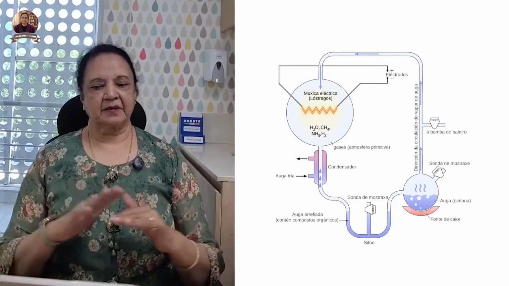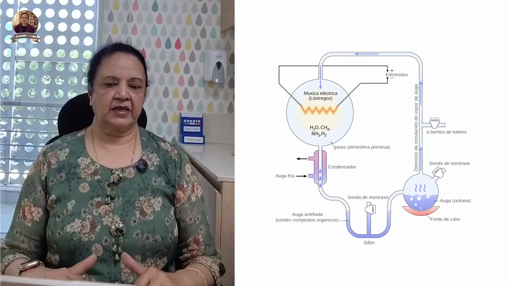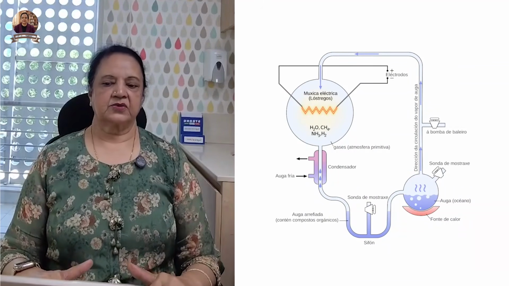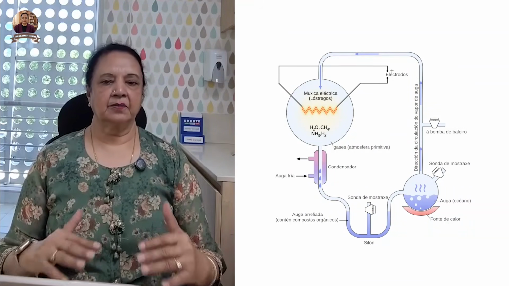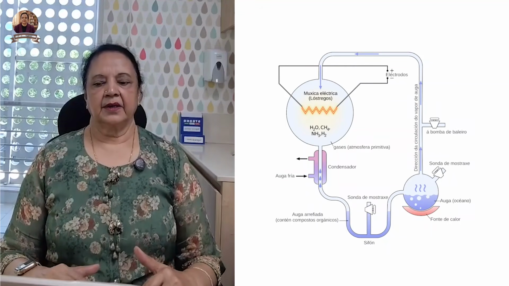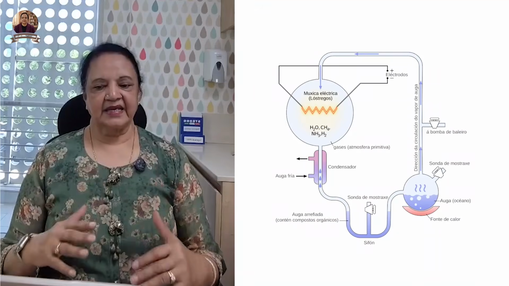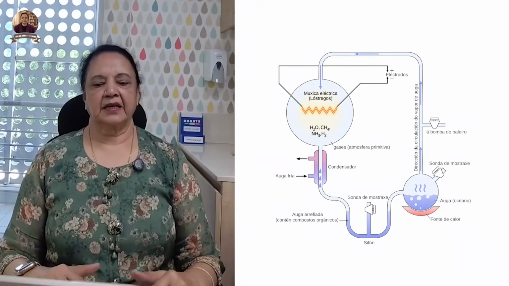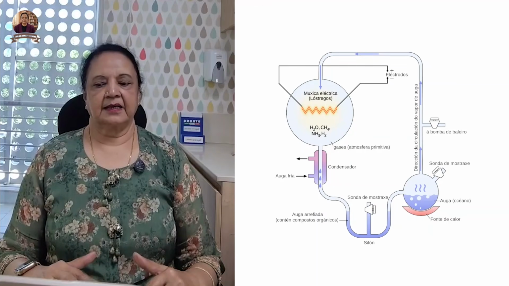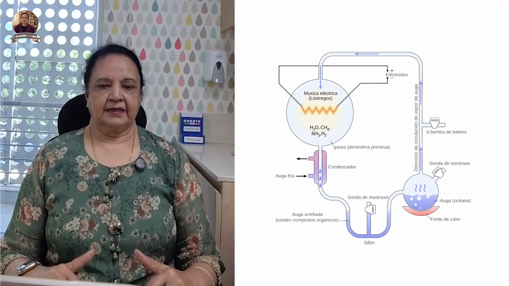They ran this experiment continuously for a week. When they analyzed the liquid that collected in the trap, they made a groundbreaking discovery. The clear water had turned into a brownish, tarry substance containing amino acids, specifically simple amino acids like glycine and alanine.